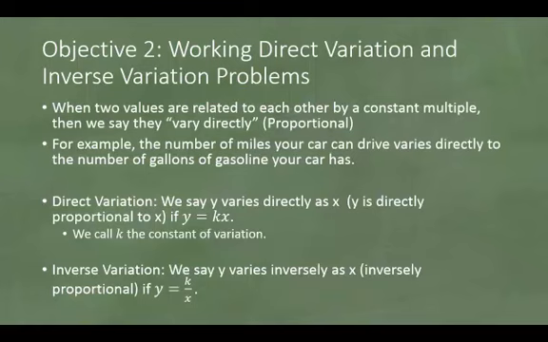If you can go 22 miles to the gallon, it's not very good, but then we say the miles varies directly with the number of gallons you have. If you have 2 gallons, how many miles can you drive? Then you can drive 44 miles, right? You multiply it by 2.